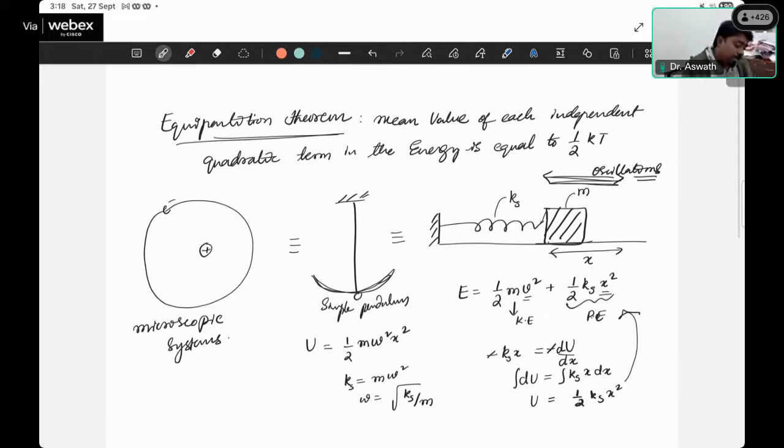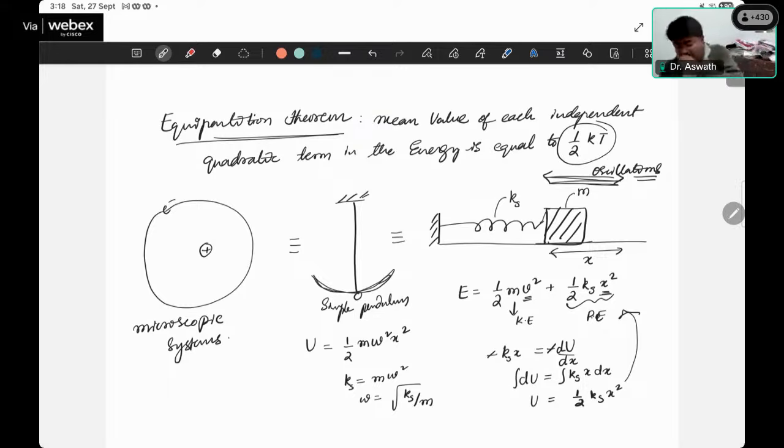The equipartition theorem is saying, if there is any term with a quadratic contribution, here you see there is a quadratic contribution coming from v square, and from x square, its mean energy contribution is going to be equal to half kT.